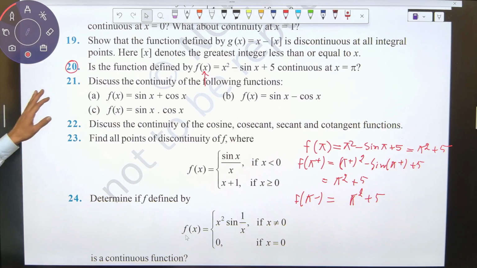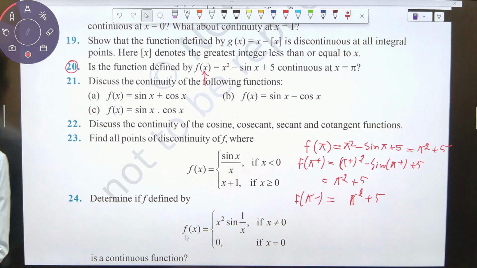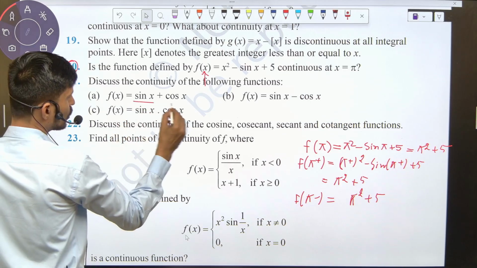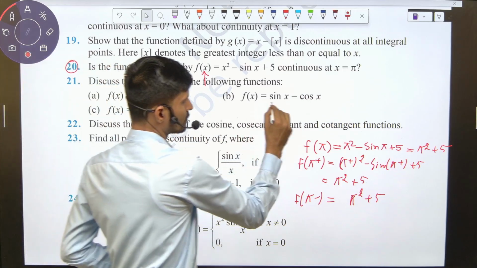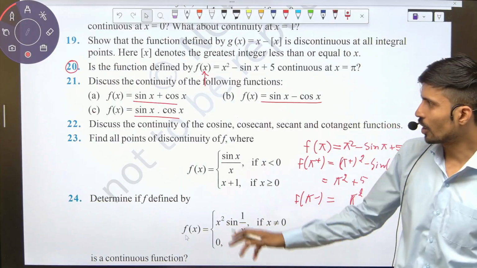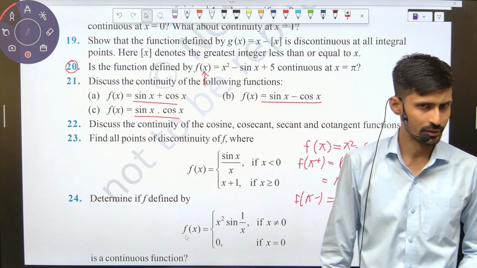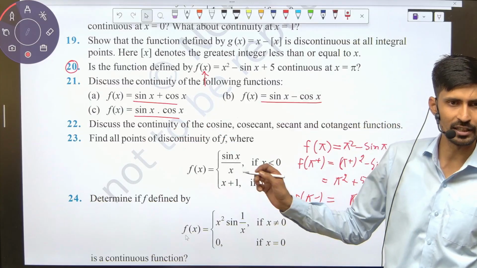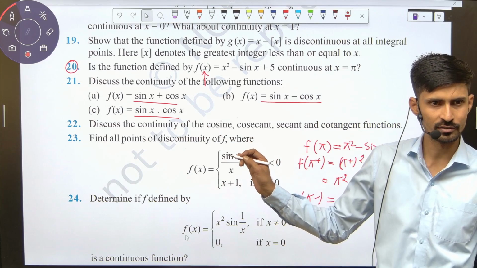चलिए, 21 number question. We have to talk about whether this is continuous or not.